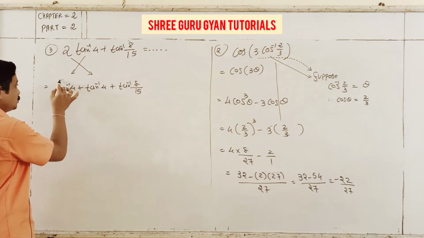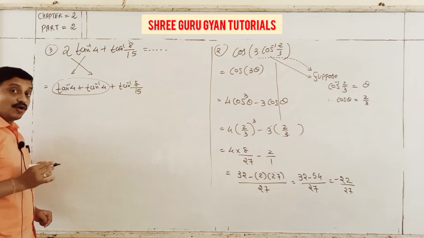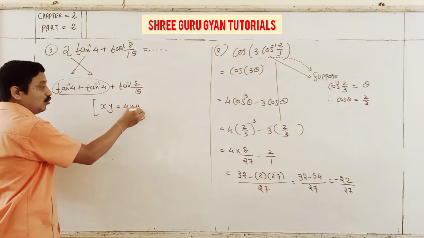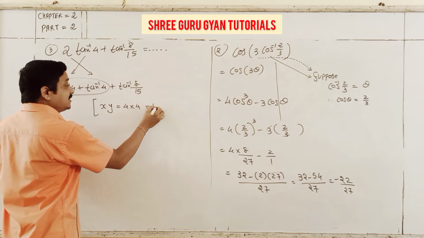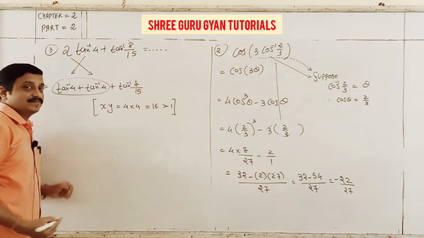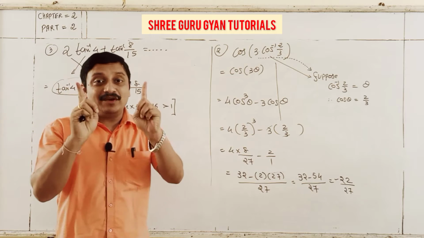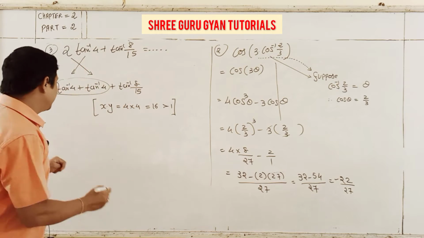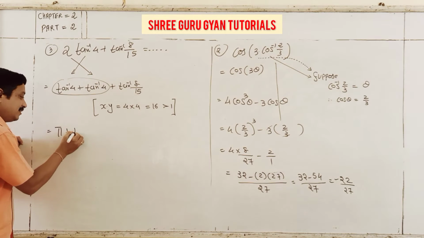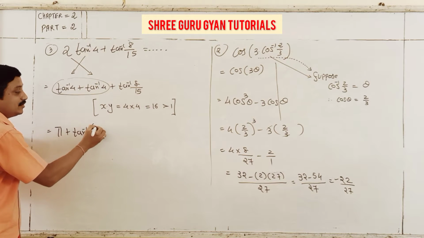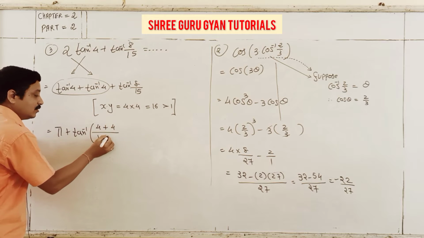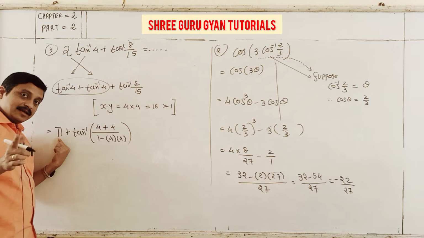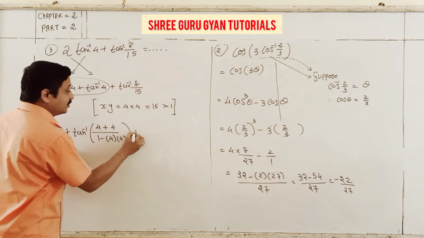Now for these two values, checking x into y, 4 into 4 is 16, and 16 must be more than 1, and whenever it is more than 1, then as I explained, the answer is always pi plus tan inverse, and this should be the same as 4 plus 4 over 1 minus 4 into 4. This pi plus is always taken if your product is more than 1.